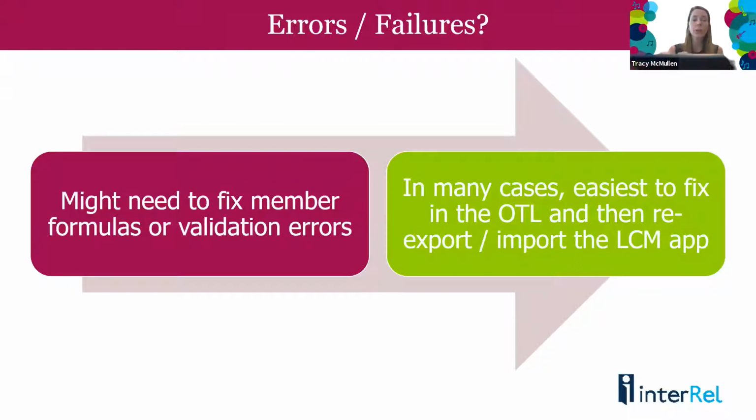So then you theoretically could address and fix some issues in EPM Cloud, in the Freeform application, and then keep going. But it didn't actually get to load the data because it failed and didn't get to refresh the database. So a lot of times it's actually easiest, and what I'd recommend, is to fix it in the outline file on your native Essbase cube, and then export and import the LCM file. That way, it gets all of the data loaded in and pulls in all those artifacts, because otherwise once it hits an error, it's going to pause until you fix that error.